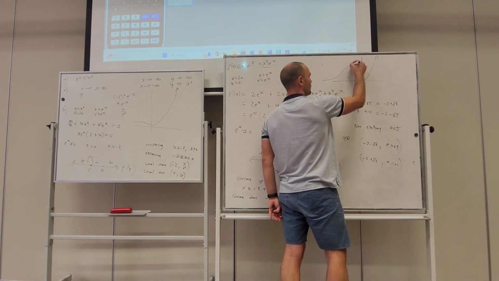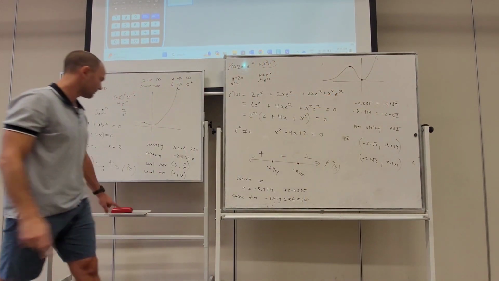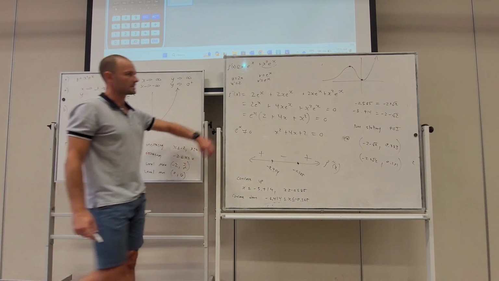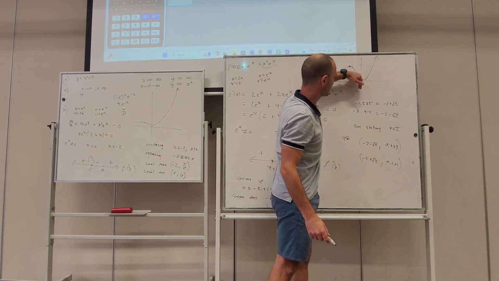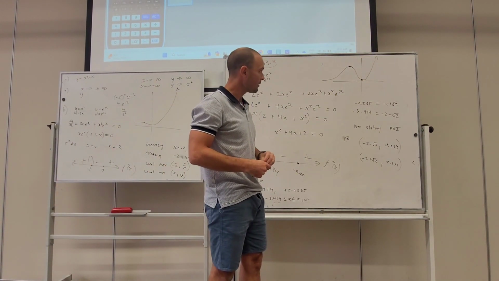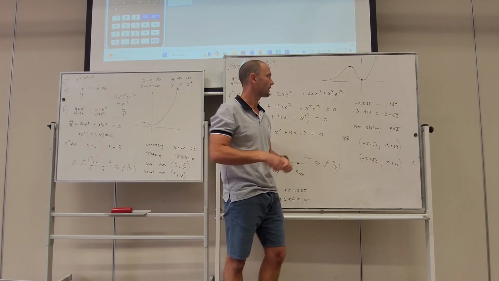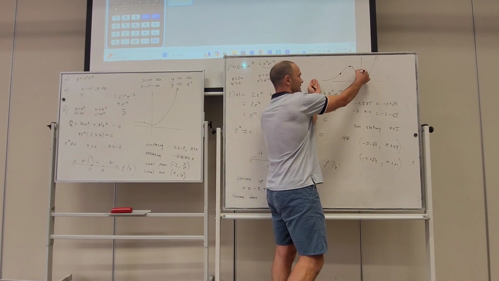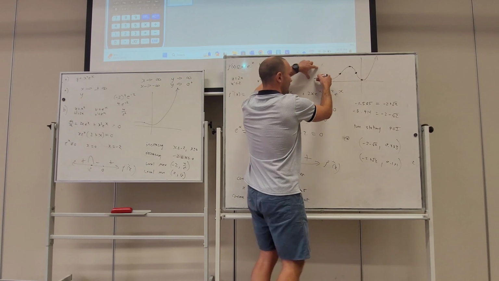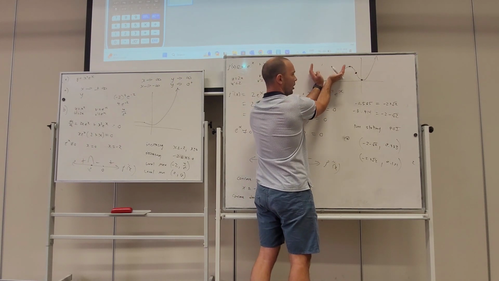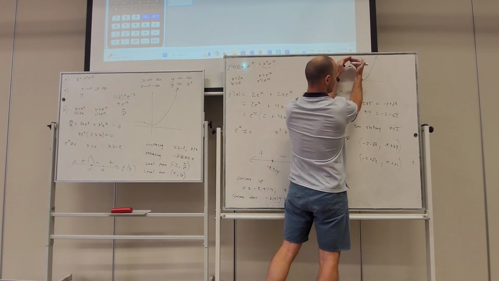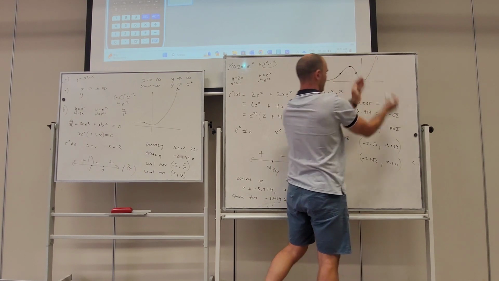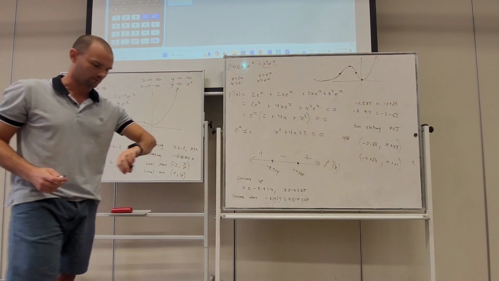We can see the local min and the local max. We found both of those. We can see increasing, decreasing, increasing. And we can see the points of inflection, here and here. Concave up, a bowl opening upwards, concave down, concave up. So we can see all those features on the graph.